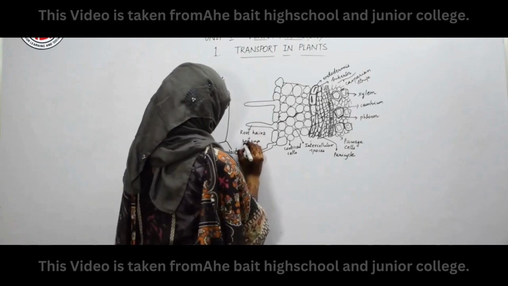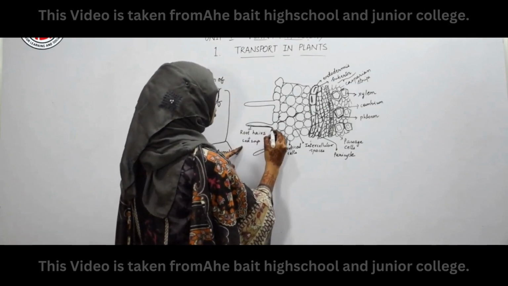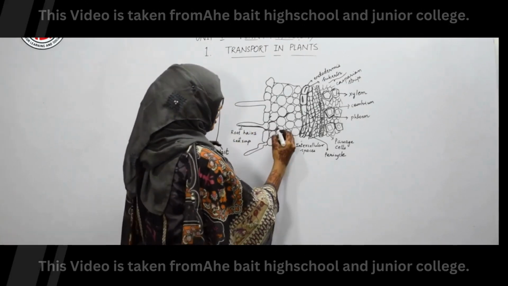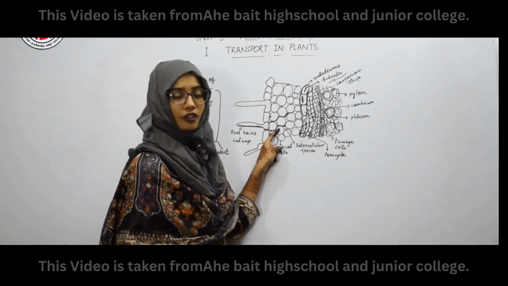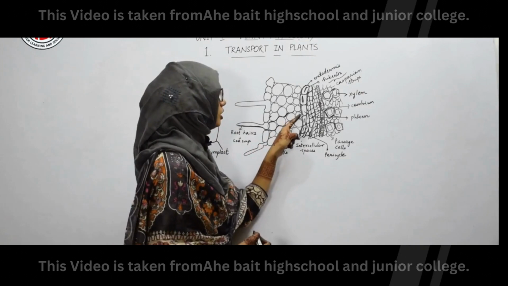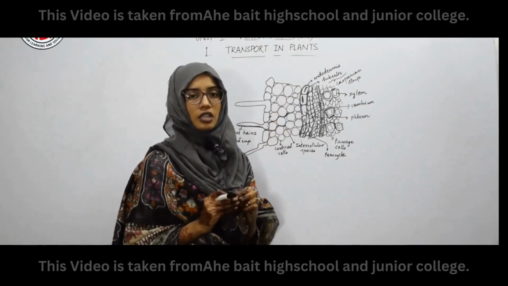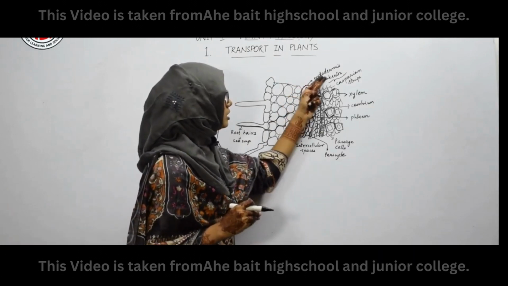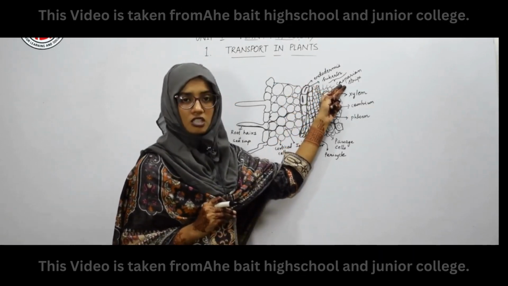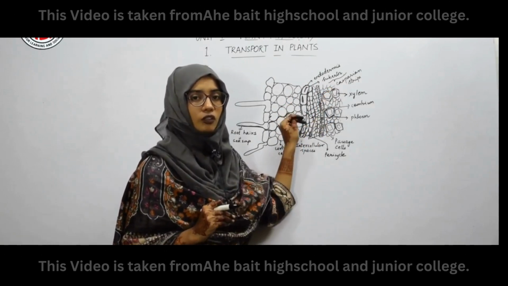The water which is present in the soil is first absorbed by the root hairs, it moves from the root hairs and reaches the intercellular spaces of the cortical cells, and then from these intercellular spaces it reaches the layer of endodermis. When it reaches the layer of endodermis, if it reaches the thickening, that is the Casparian strips, then these are the barriers which do not allow the water to enter.